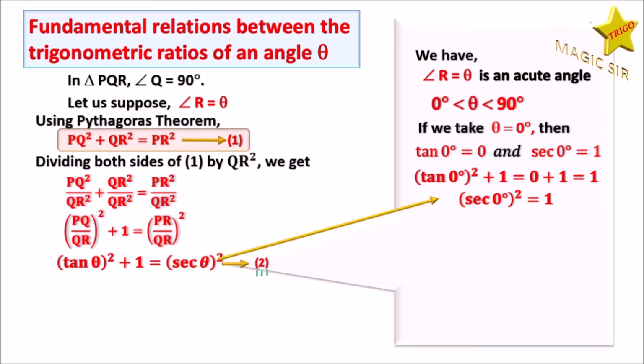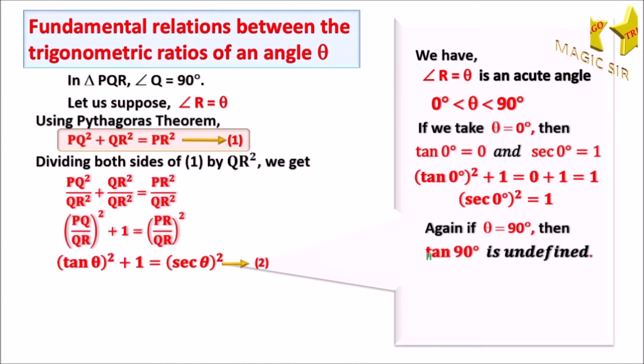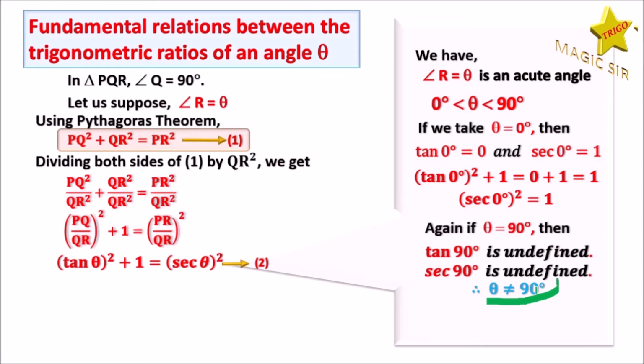Hence, equation 2 is true for theta equal to 0 degrees, and if we take theta equal to 90 degrees, then tan 90 degrees is undefined and secant 90 degrees is undefined. So we cannot take theta equal to 90 degrees.